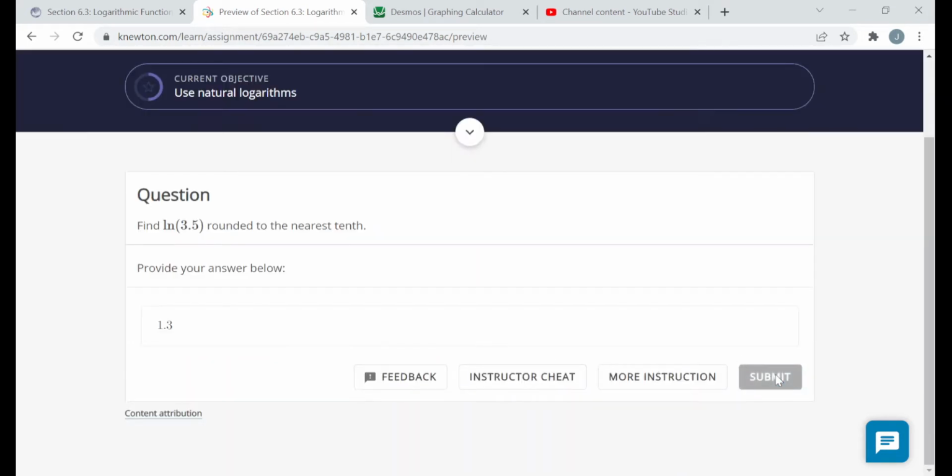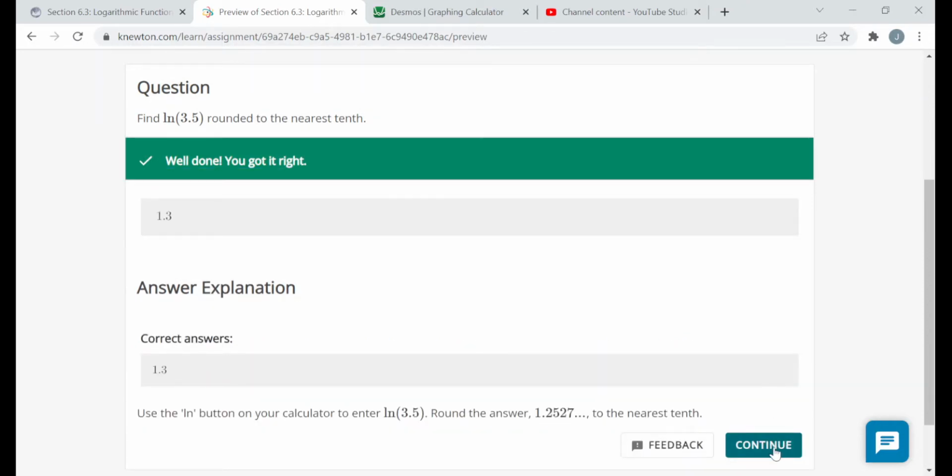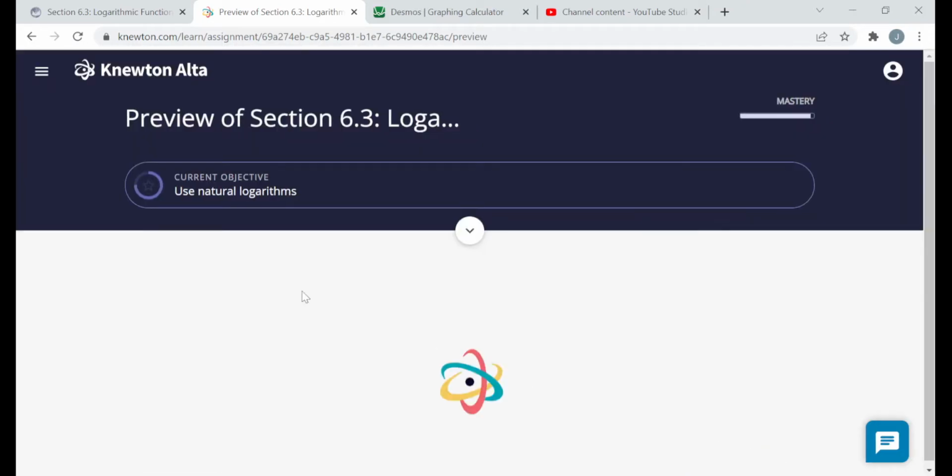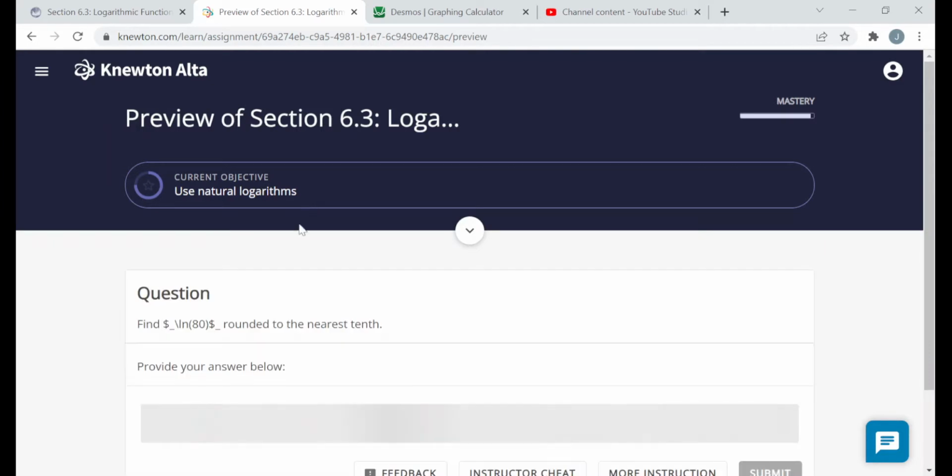And then I should have just one more of those. Natural logarithms, log base e, the ln. And again, it's something I couldn't tell you without a calculator. What's the natural log of 80? E to what power would be 80, right? I'm going to guess it's about 3 point something, maybe 4, but again, I don't know off the top of my head, so I need a calculator here.